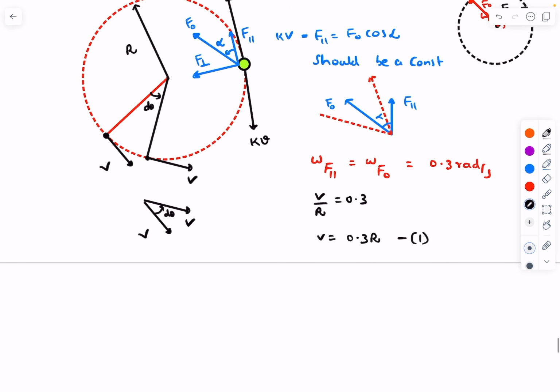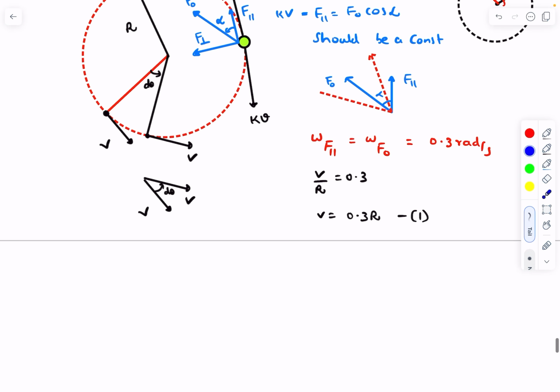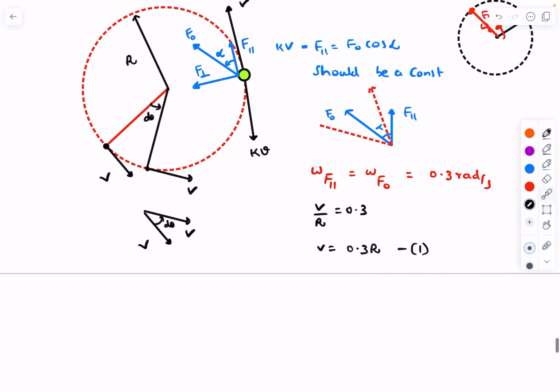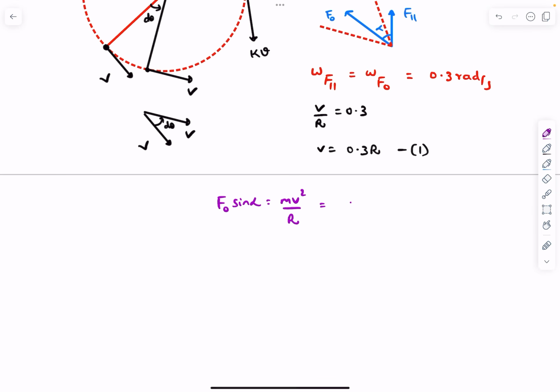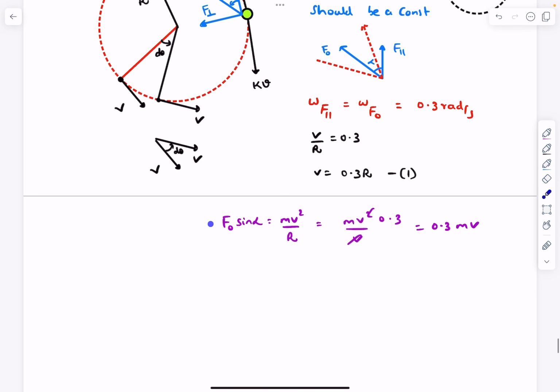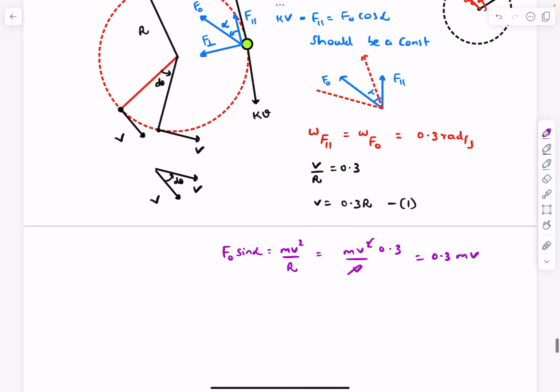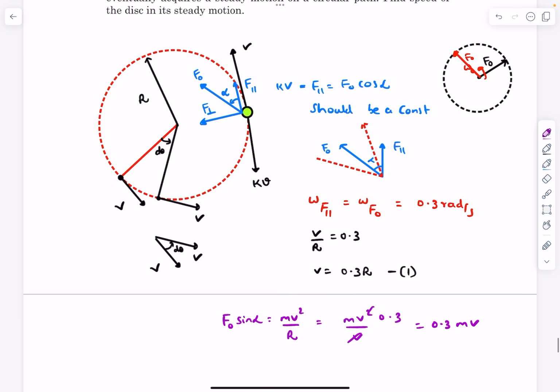Now for the next equation, we'll use F equal to ma in the normal direction. In the normal direction, there's only one force, f naught sine alpha, which provides the necessary centripetal acceleration, mv squared by capital R. So we'll eliminate the capital R from here, and we'll get f naught sine alpha as 0.3 mv. Now f naught cos alpha is just kv, right?